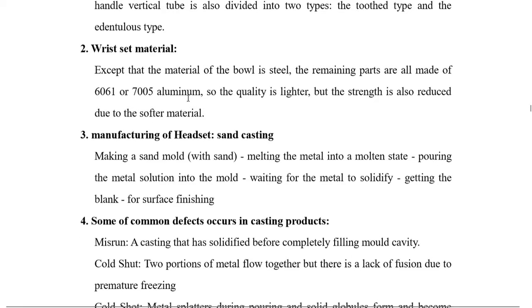The second one is the material. The main journal is steel, and the remaining parts are all made of 6061 or 7005 aluminum, so the quality is better.